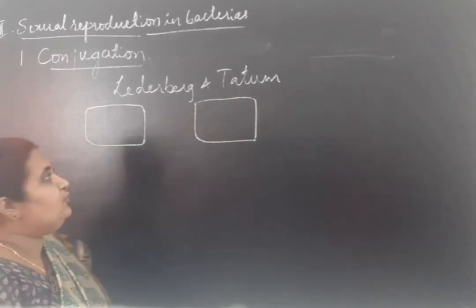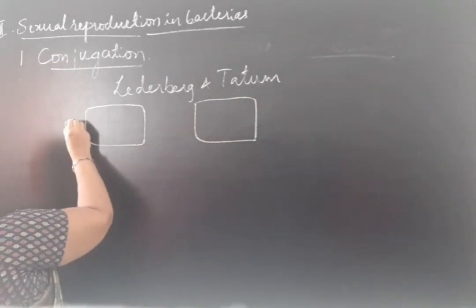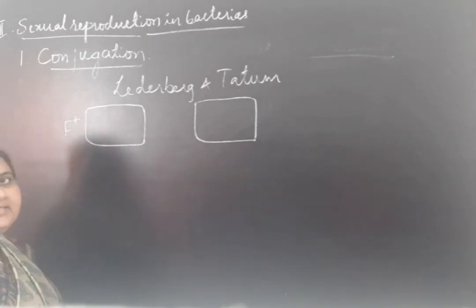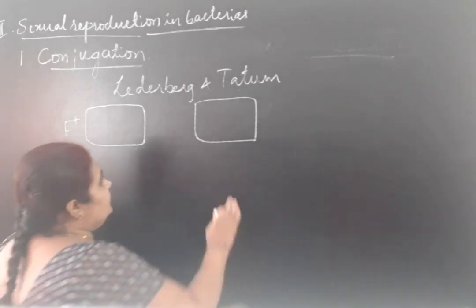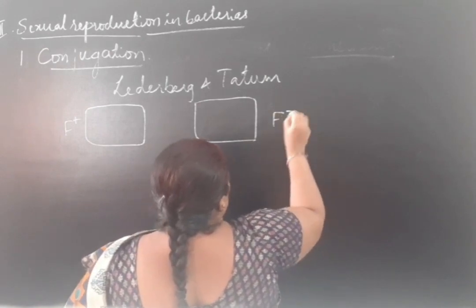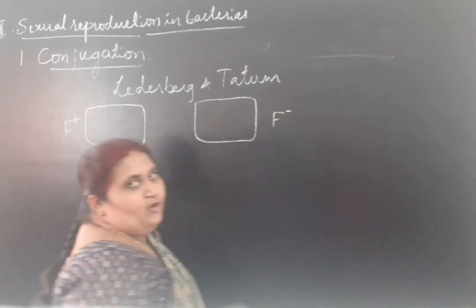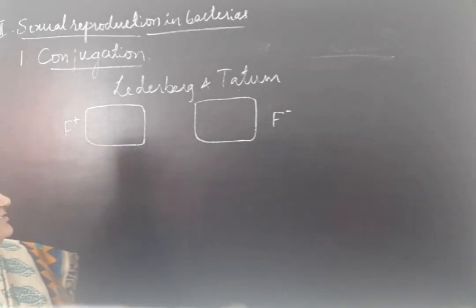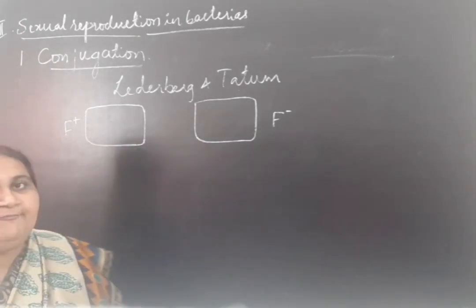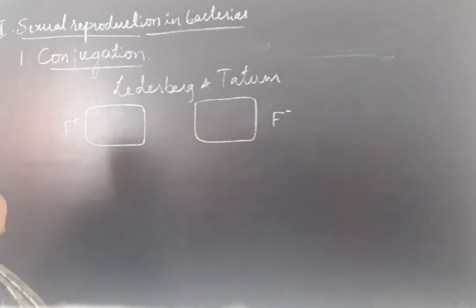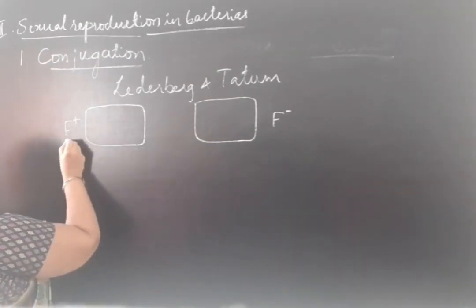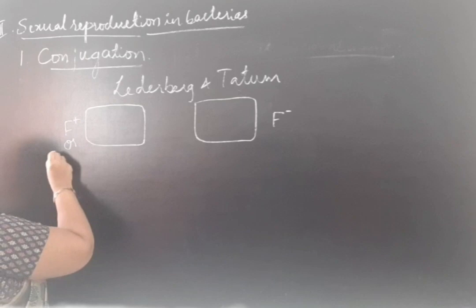So there are two different forms of bacterial cells involved: F plus and F minus. The F plus bacterium is also known as the donor.